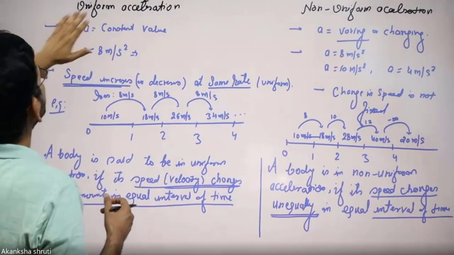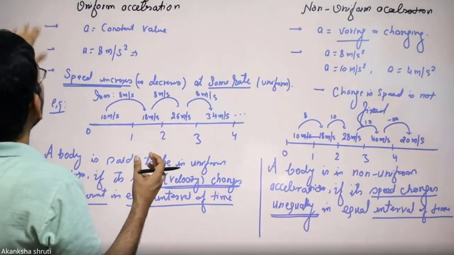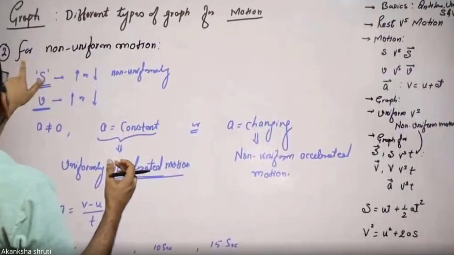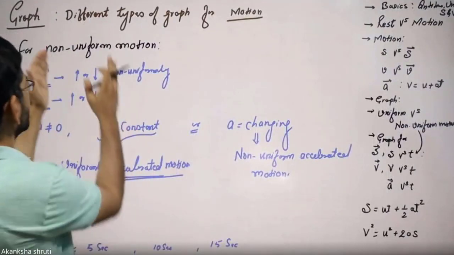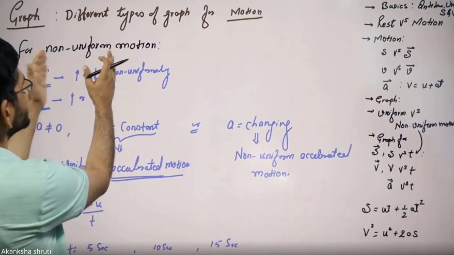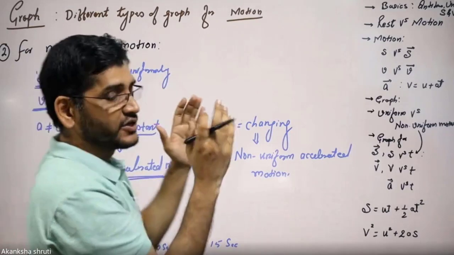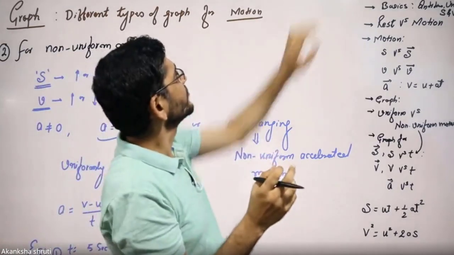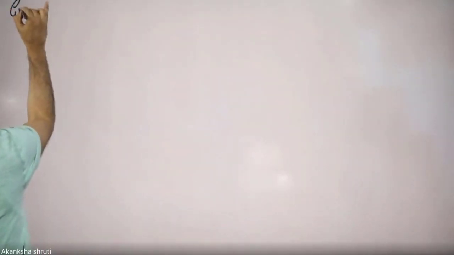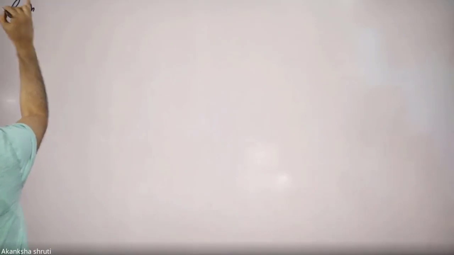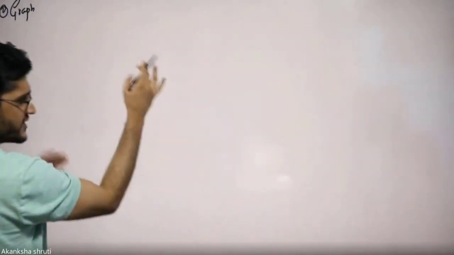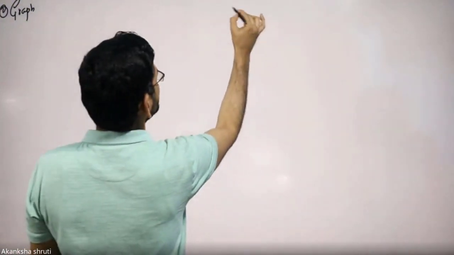Now, non-uniform motion means two kinds of motion, either uniformly accelerated or non-uniformly accelerated. In these two categories, we have to draw the graph. I have just explained what is uniform and non-uniform motion.